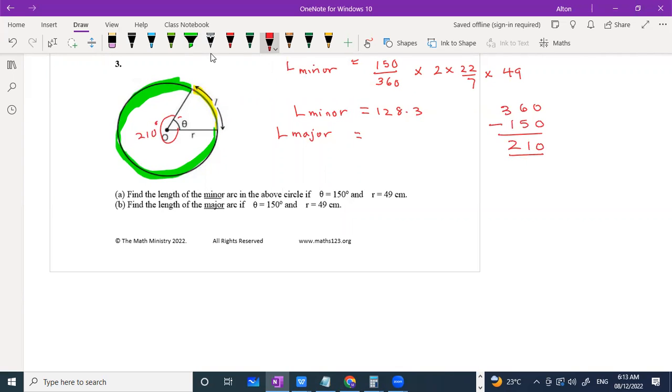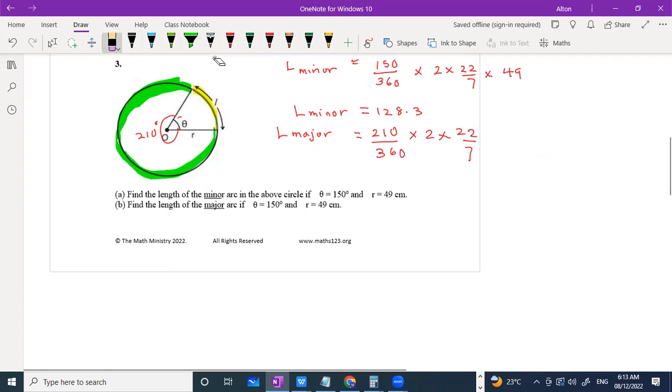So therefore, we're going to put 210 over 360. So we are using the formula now. Multiply by 2, multiply by pi, and then we're going to multiply by the radius. And the radius we are told is 49.